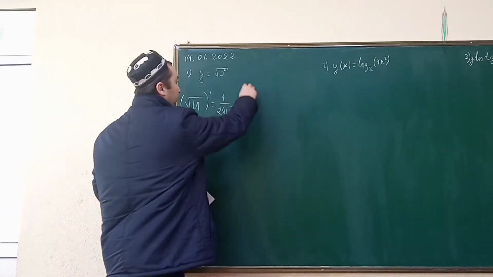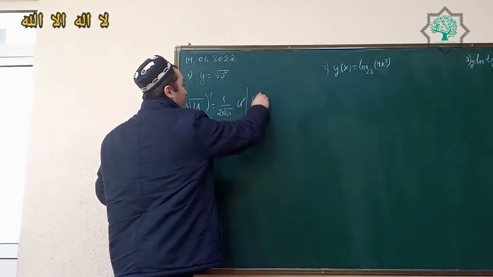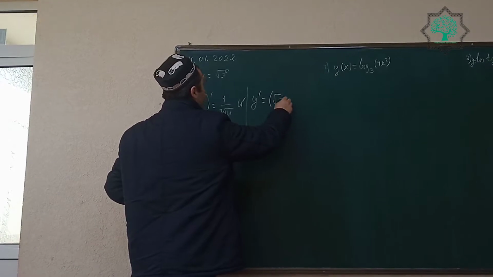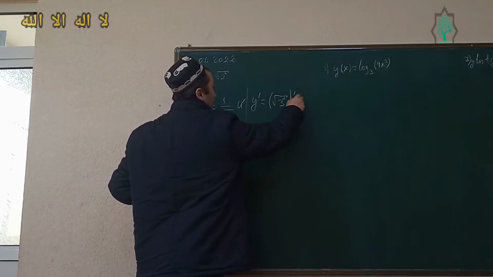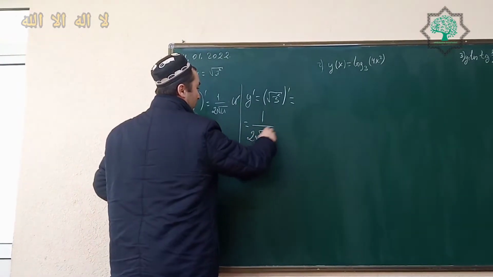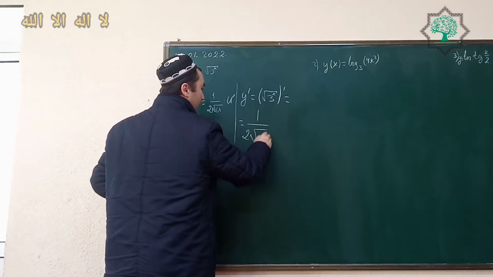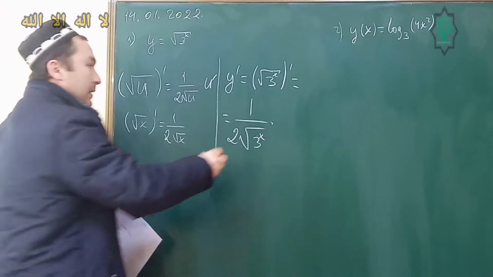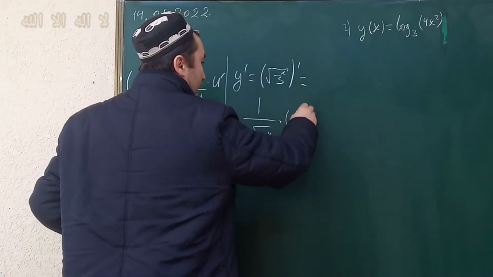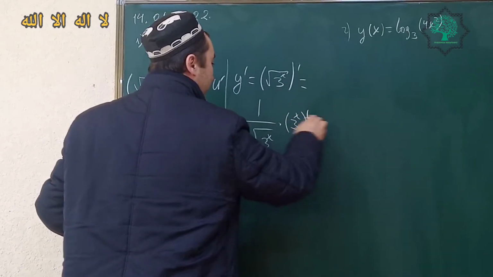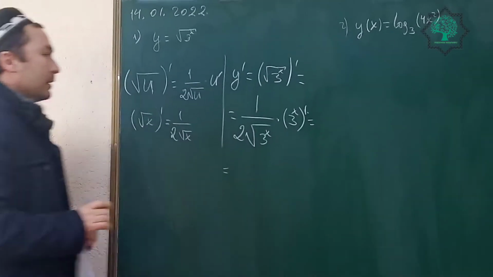Let's begin. So y derivative is one over 2 square root of, and we multiply what? 3. It's the derivative. Okay, great.